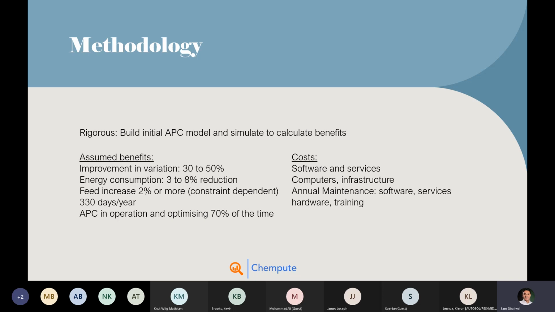And on the cost side of things, you want to look at one-time costs such as software and services, computers and infrastructure. And you mustn't forget annual costs, which could be software maintenance costs and services. People quite often forget about maintenance services.